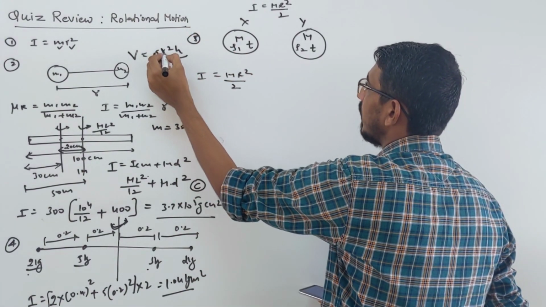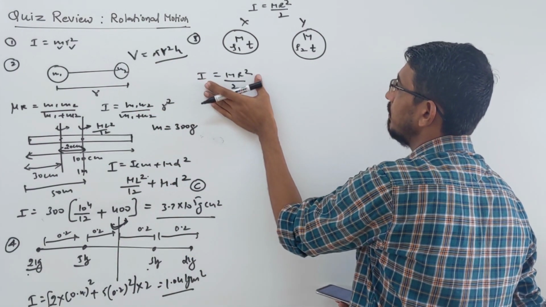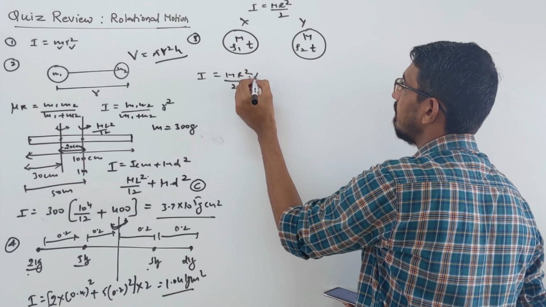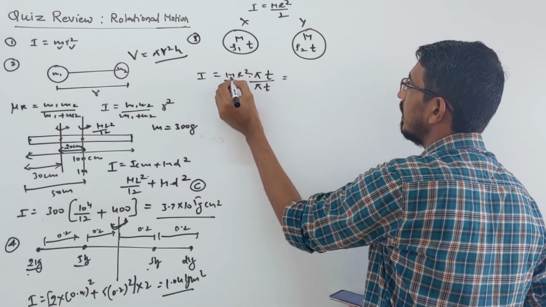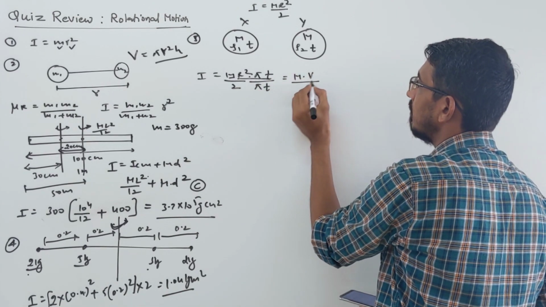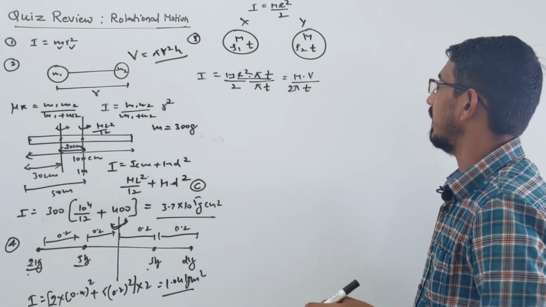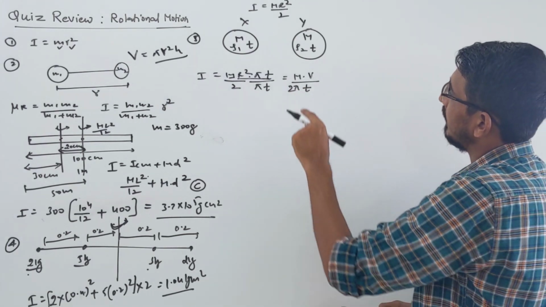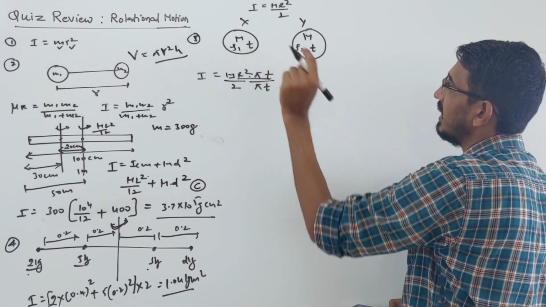So watch carefully. We want to write volume here, so let's multiply by pi and thickness on top, and also pi and thickness below. This becomes m into volume, divided by 2 pi t. Now here we have mass and volume, and we want to bring density here.